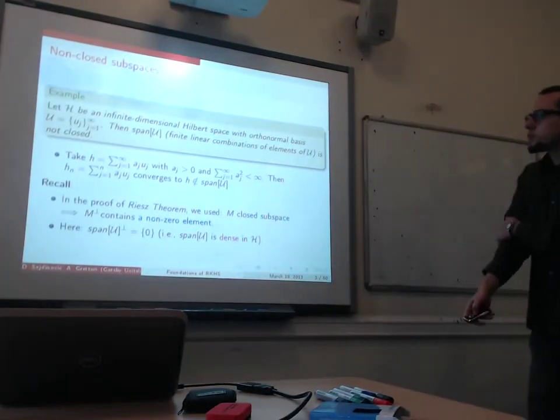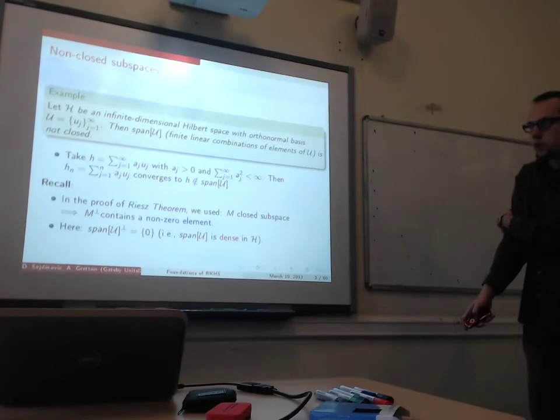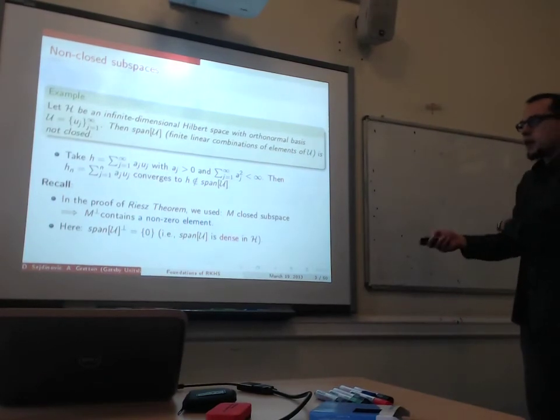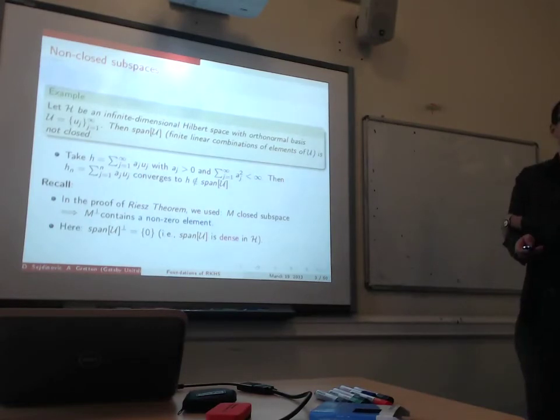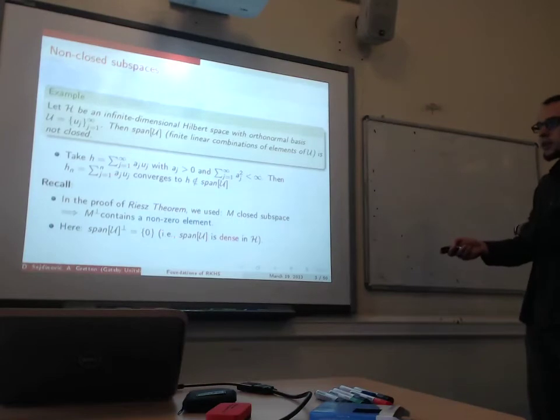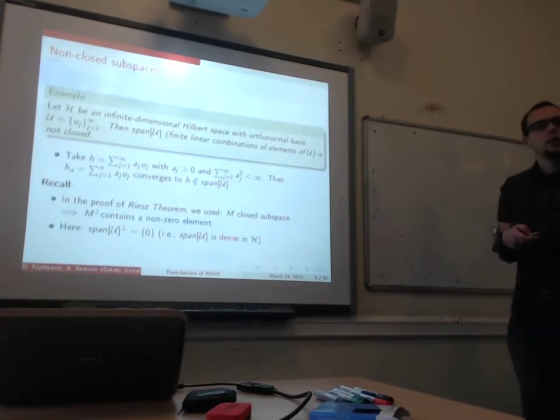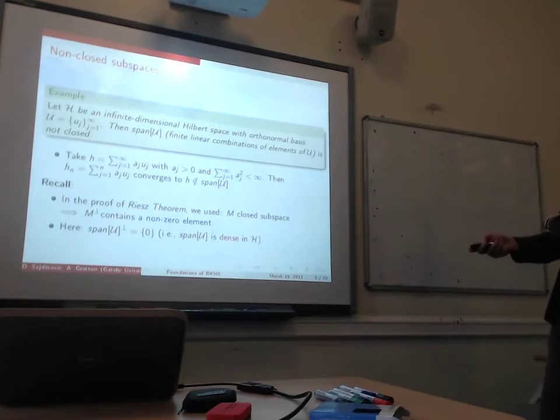So recall that when we proved Riesz theorem, we used exactly this fact. If I have a closed subspace, then its orthogonal complement contains a non-zero element. So that's how we constructed, using that non-zero element, a representer. And in this example, you have a subspace that's not closed.